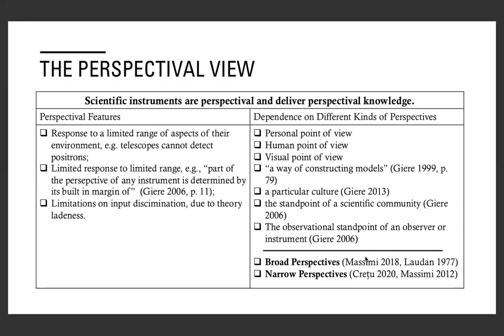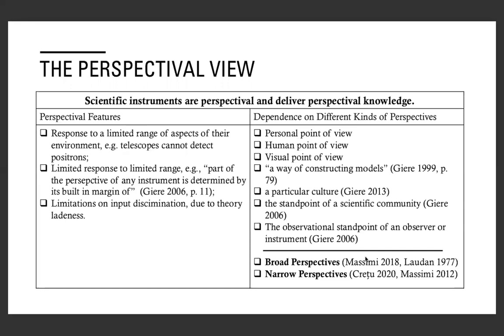One way is to think that scientific instruments have perspectival features. Such perspectival features would be a response to a limited range of aspects of their environment. This is the idea that telescopes, for example, cannot detect positrons because it's not within their energy range to do so.